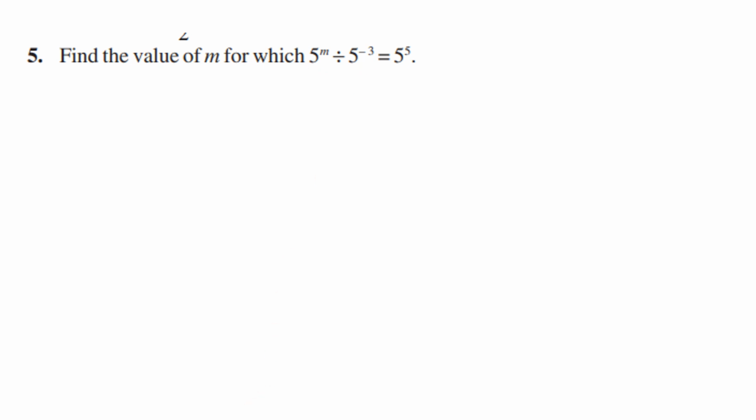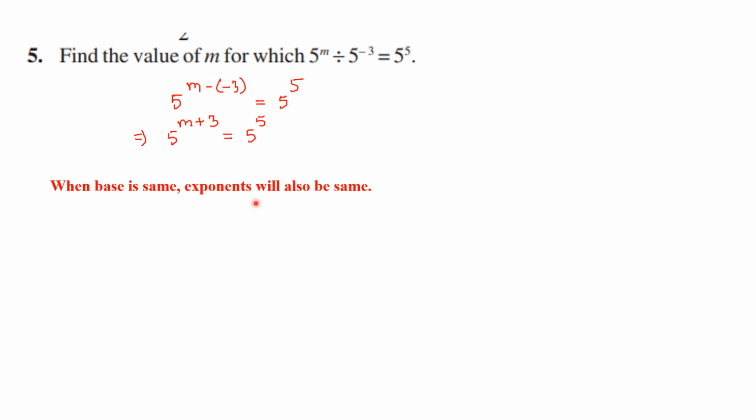5 to the power m minus of minus 3, which will be equal to 5 to the power 5. Now further I can write it as 5 to the power m plus 3 equal to 5 to the power 5. Now since LHS and RHS have the same base, the power will also be same.